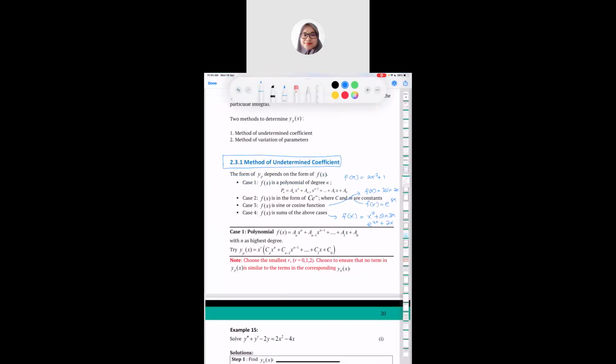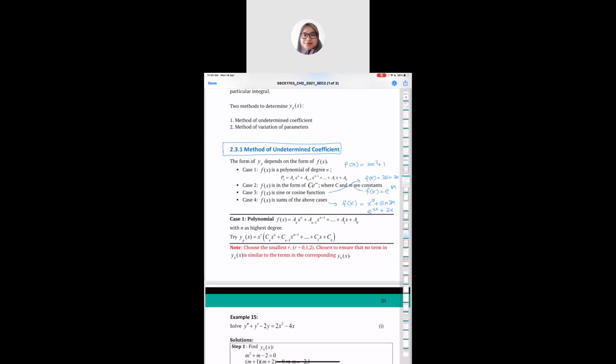Macam mana nak selesaikan jika you punya YP, you punya fx adalah polinomial. Semua orang tahu polinomial macam mana? So this is the form of polynomial: an xn plus an minus 1 xn minus 1 dot dot dot until a0.